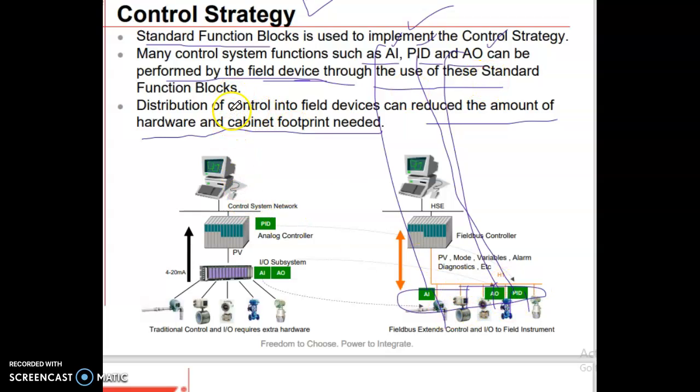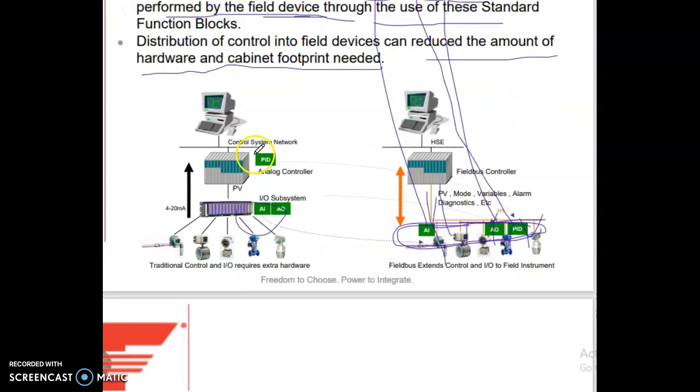This is the function block. Distribution of control into Fieldbus field devices can reduce the amount of hardware and cabinet footprint needed. So due to this, analog input, analog output, PID, everything is connected here itself. For this reason, the amount of hardware is reduced, and the cabinet footprint needed. That's all.